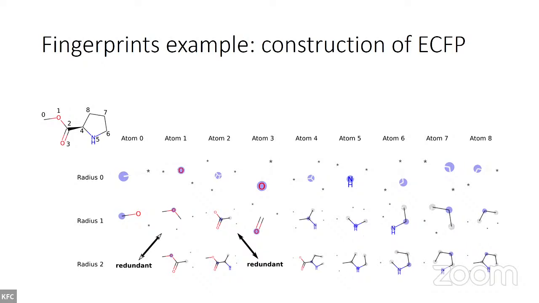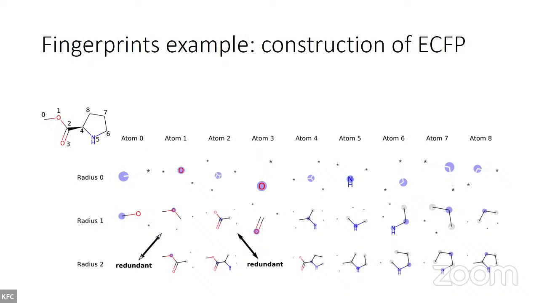First of all, let's say explicitly what I am talking about when I mean radius, substructure, environment, neighborhood, and so on. When we construct these substructures, we center them on an atom, and we do this on every single atom in the molecule, so 0 to 8, all 9 of them. At radius 0, our fragment is simply the atom: carbon, oxygen, carbon, oxygen, carbon, nitrogen, and so on.